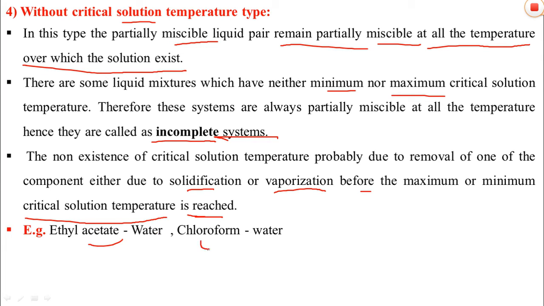And in the case of the chloroform and water system, the mutual solubility of chloroform and water increases with an increase in temperature. Therefore, a maximum critical solution temperature is expected, but before this temperature is reached, chloroform starts boiling and separates out from the solution.